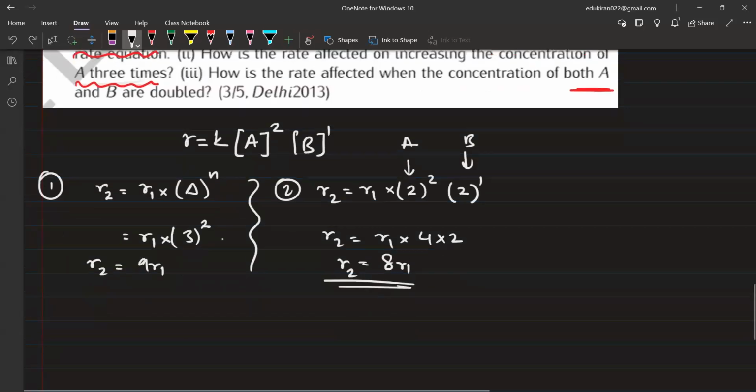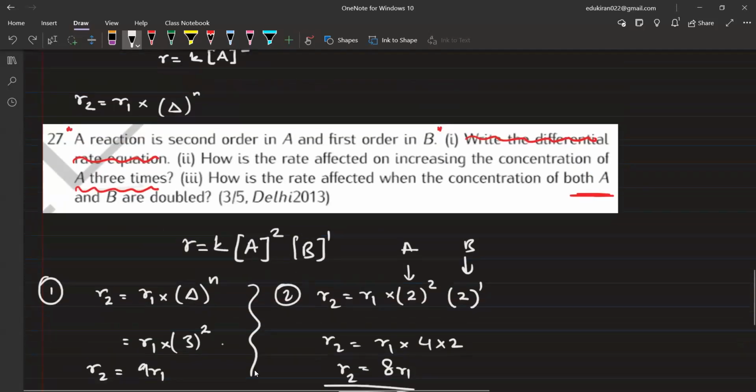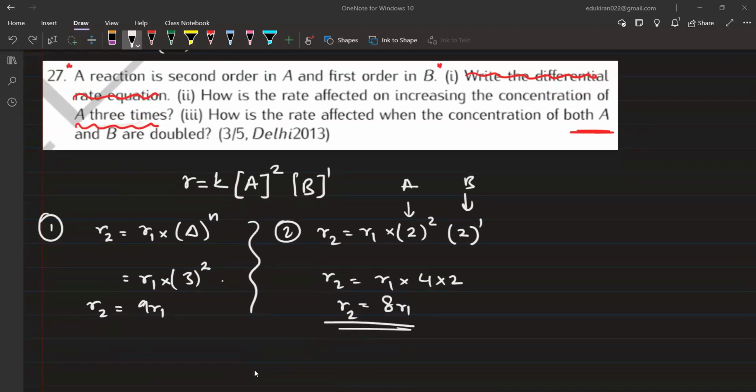Now please see next. To write the differential rate equation, it's very easy.